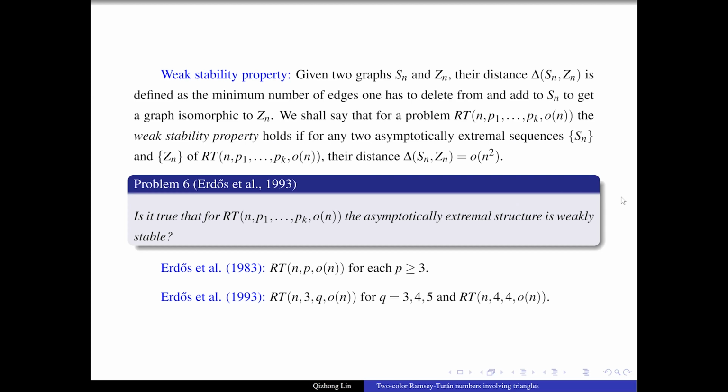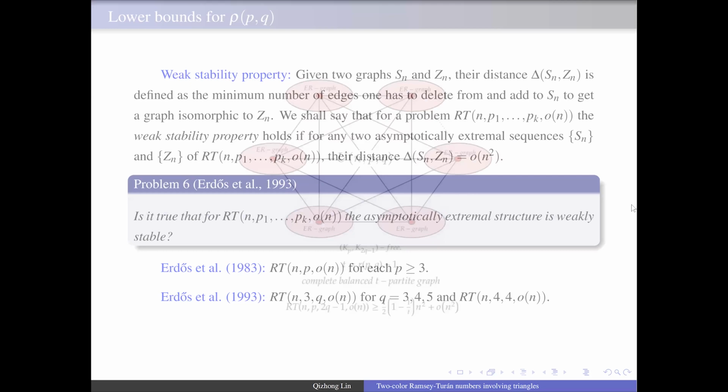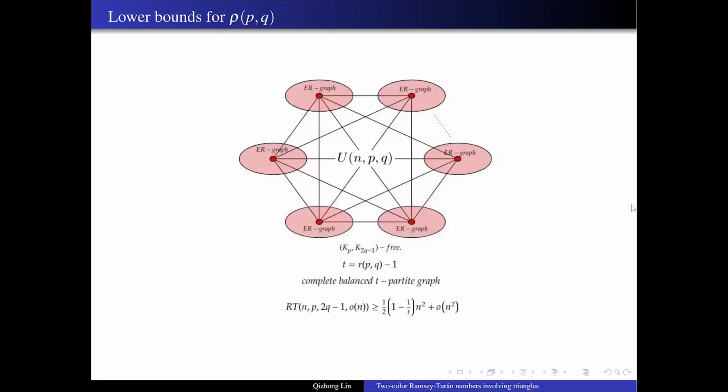Now, let us take a look at the lower bound for the two color case. For the odd case, we first have a balanced complete (p-1)(q-1)-partite graph, and then we destroy the large independent set by putting a red Erdős graph into each part.